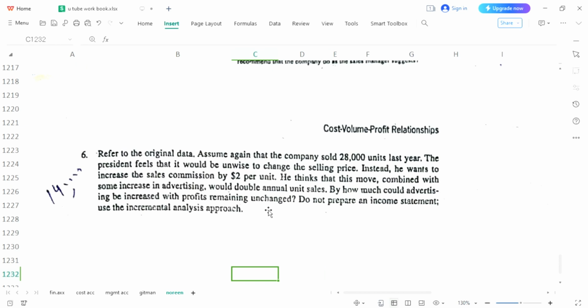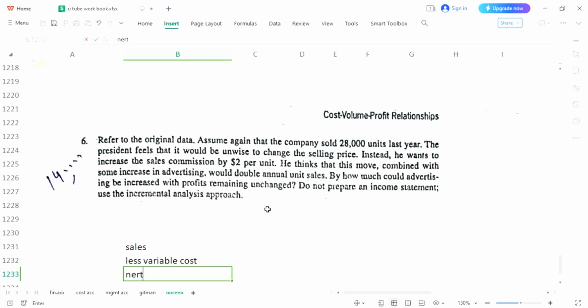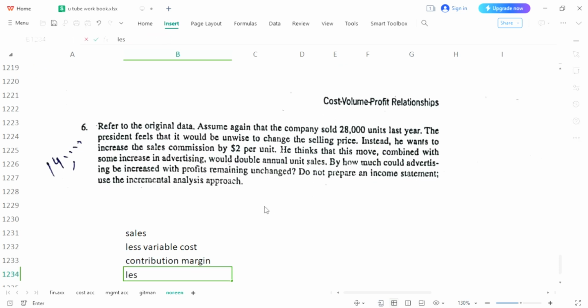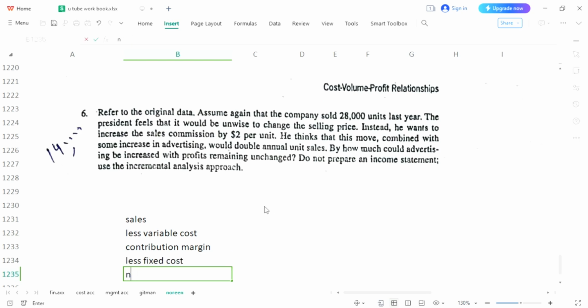Look, it's a very simple thing, but there is a story behind it. For that you will have to see your income statement concept: you will get your contribution margin, then you will less your fixed cost, and you will get your net margin.